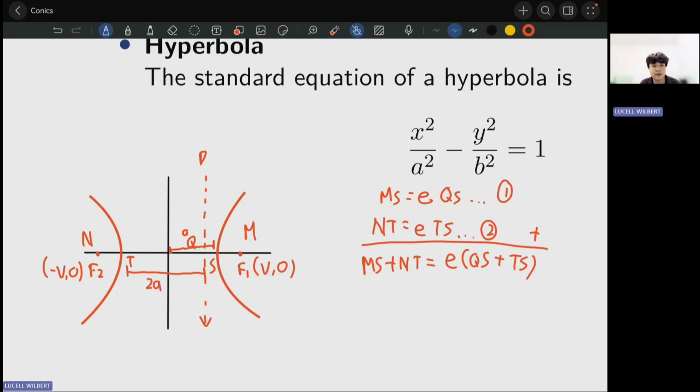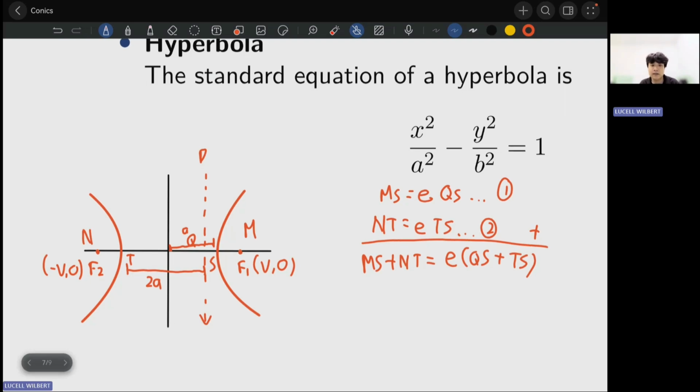We can find it by using the distance between two points, and it is v minus (minus v), which equals 2v. So 2v equals e times 2a. Therefore, v equals ae, which is the focus. It is similar to the ellipse: ae, and the other is minus ae.